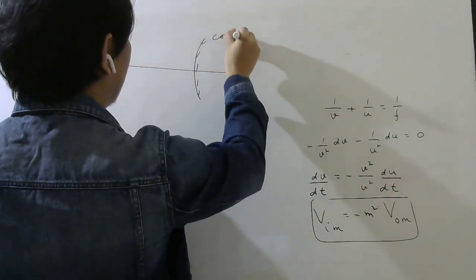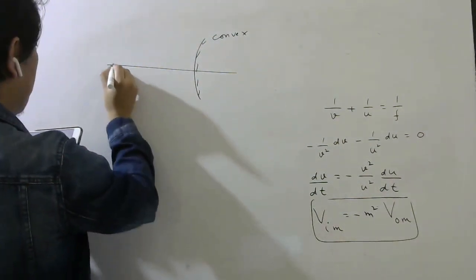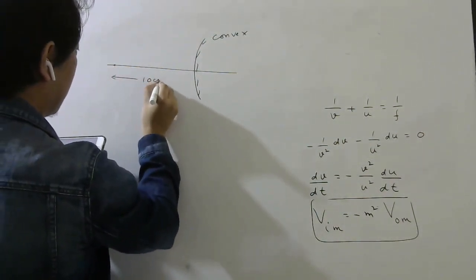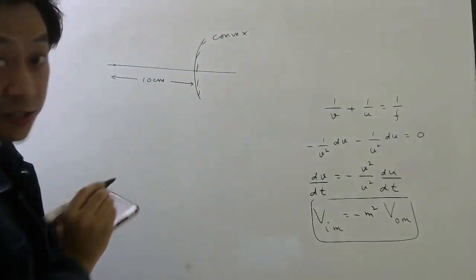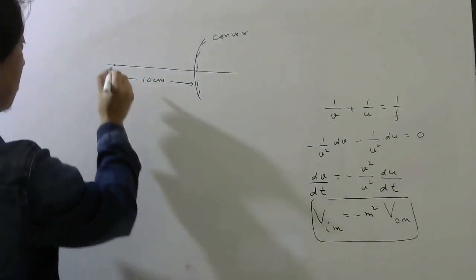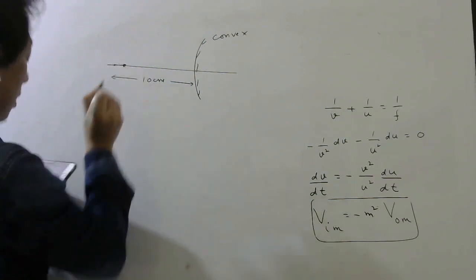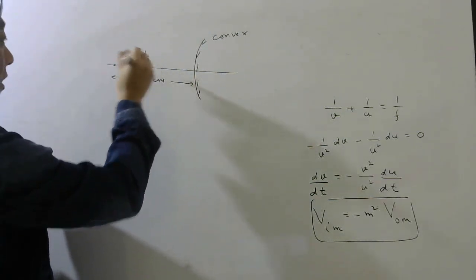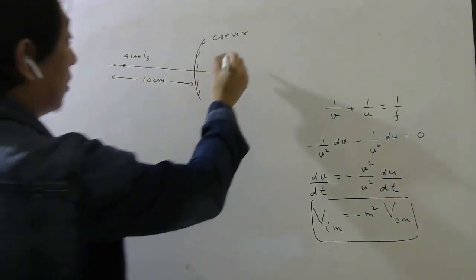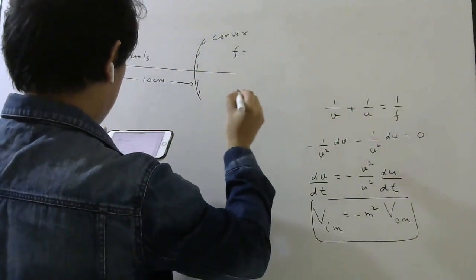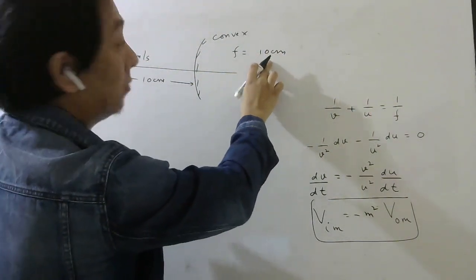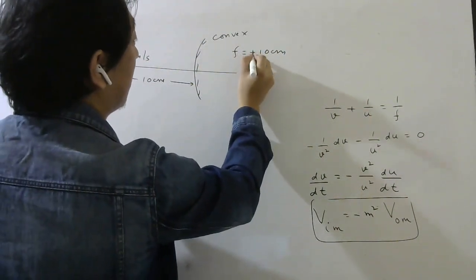Object is at a distance 10 centimeter, which will keep changing. Remember, it will keep changing because the object is moving. With what velocity it is moving? 4 centimeter per second. And the focal length is given 10. Now this is the given value. It is convex, so it will be plus only, right?